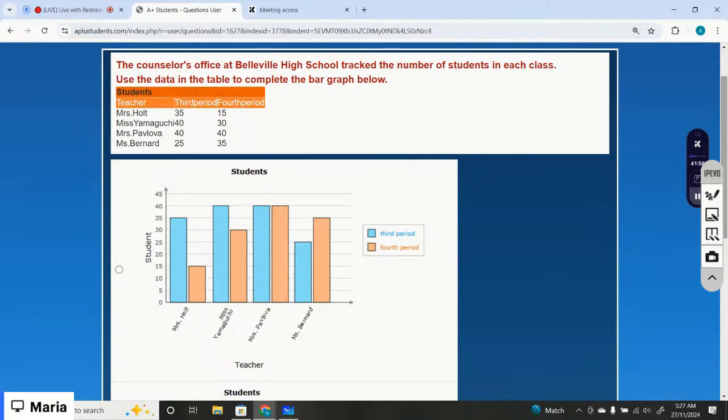Use the data in the table to complete the bar graph below. 35 and 15, 40 and 30, 40 and 40, 25 and 35. Option number 1 is the correct option.